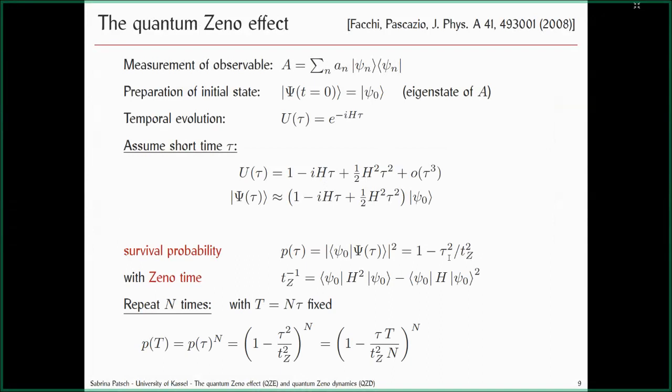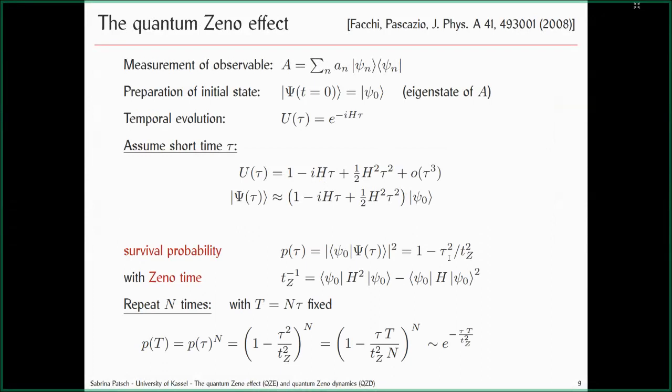And this is the definition of the exponential function for large values of n, or to be specific, in the limit of n to infinity. But since we said we have a lot of measurements in a very short time in between, this is very close to the exponential function, where we have e to the power of minus tau T over the Zeno time squared.